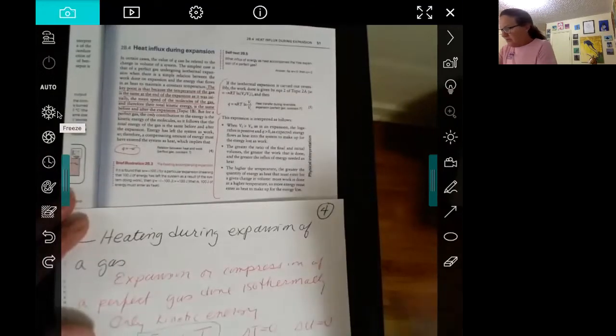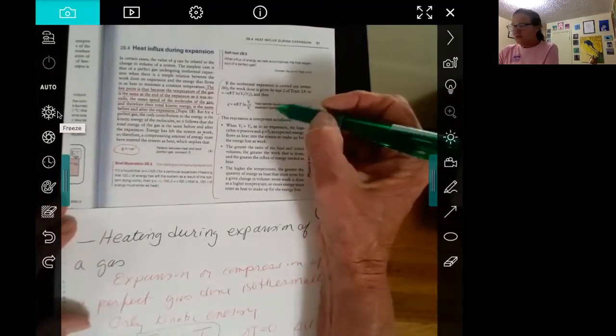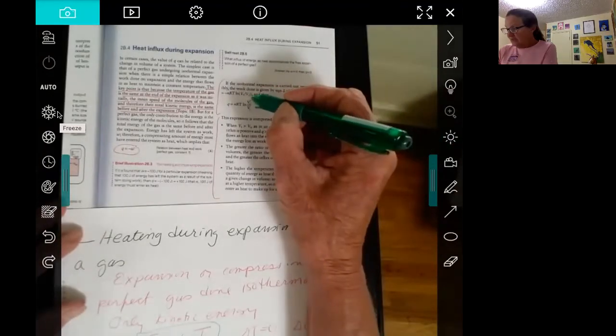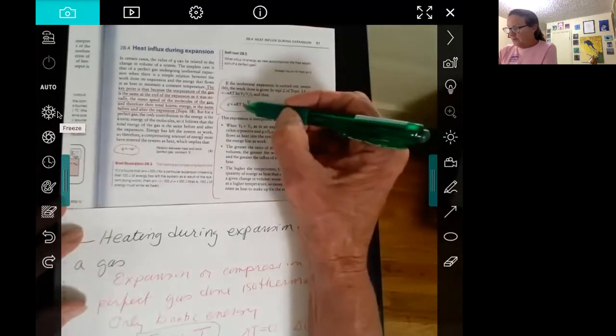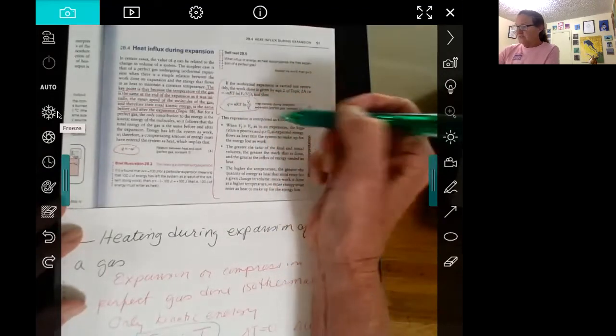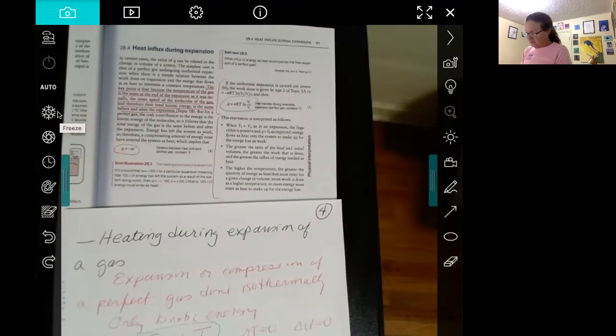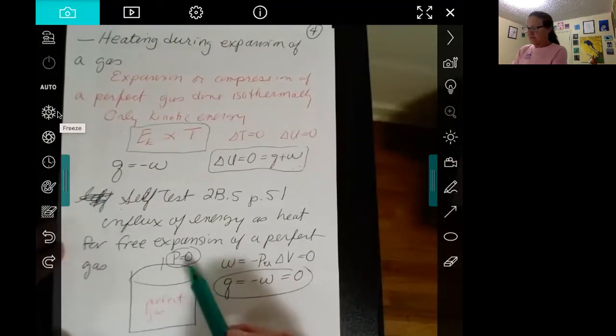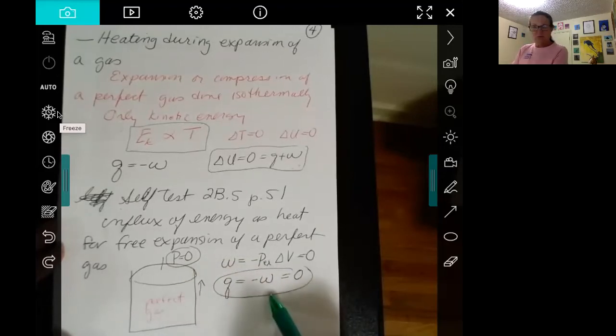You could also think about an isothermal expansion of a perfect gas done reversibly, and then you'd have to know what temperature and the final and initial volume, and then you could also calculate Q. So Q is going to depend on how the expansion takes place, because it depends on how much work is done.